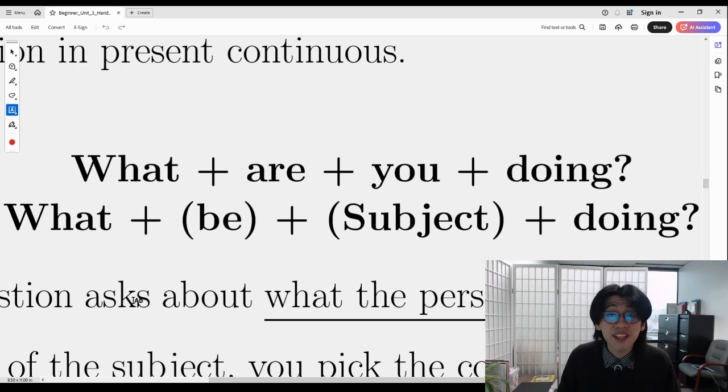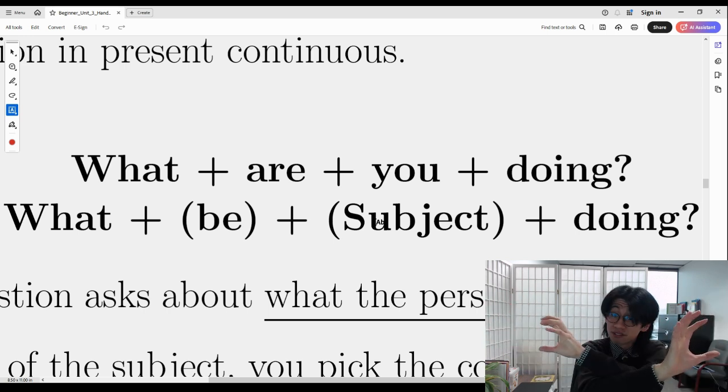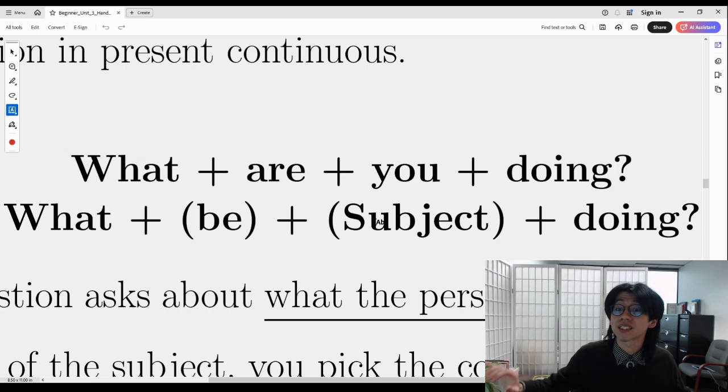Notice that the only thing you need is a subject and be, those two. But I know when you make a present continuous sentence, it is subject be verb ing. However, in this case, you want to have subject and be reversed on the opposite side.